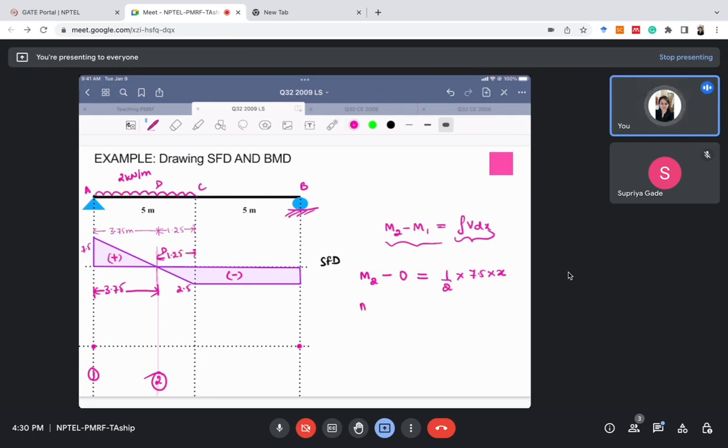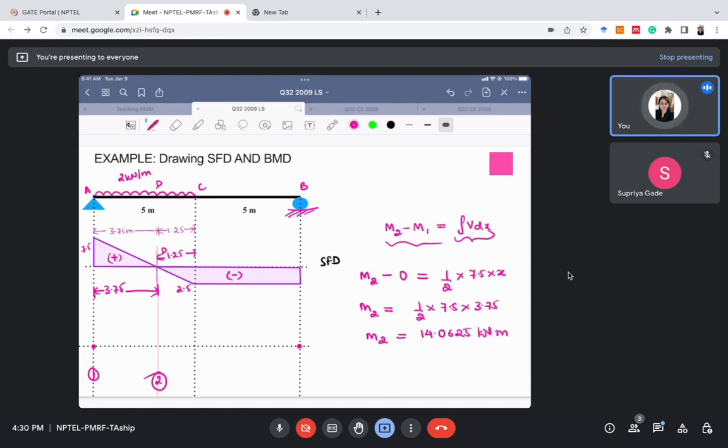Now we know x, so we can calculate M2. M2 will be equal to half into 7.5 into 3.75. Right. So M2 will be 14.0625 kilonewton meter.